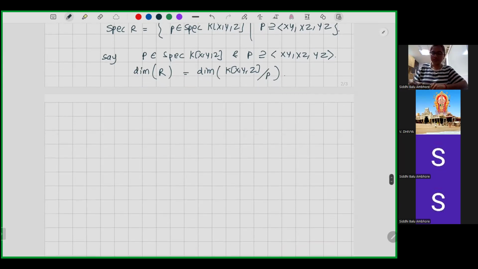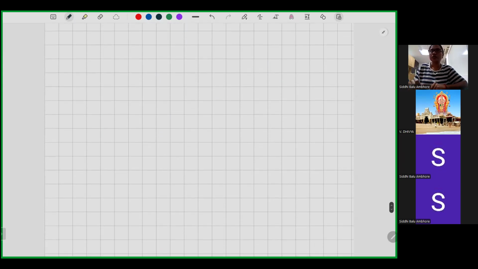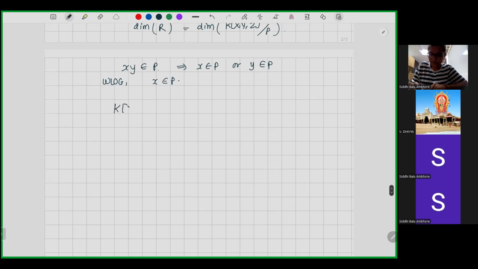So how does this ring look? We have xy belongs to P, so this implies x belongs to P or y belongs to P. Without loss of generality, we can assume x belongs to P. In that case, k[x, y, z] quotiented by (x, yz) is isomorphic to k[y, z] quotiented by yz, right?